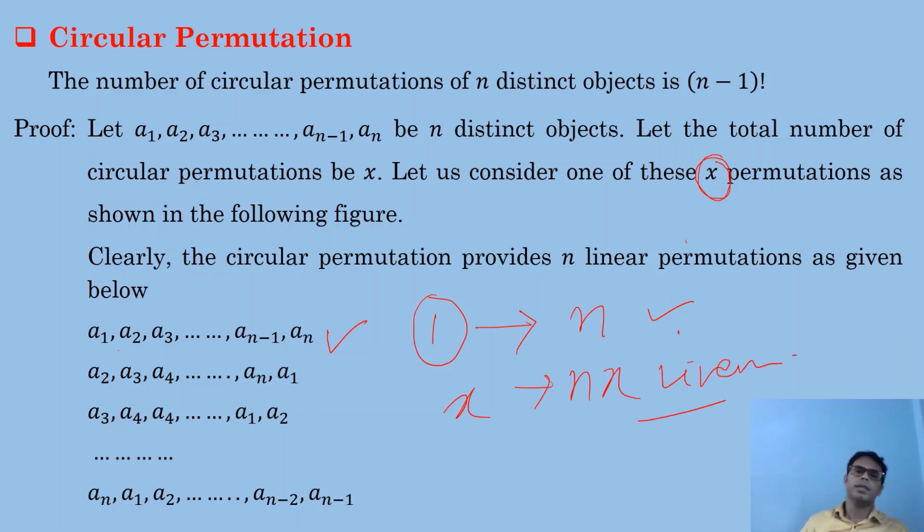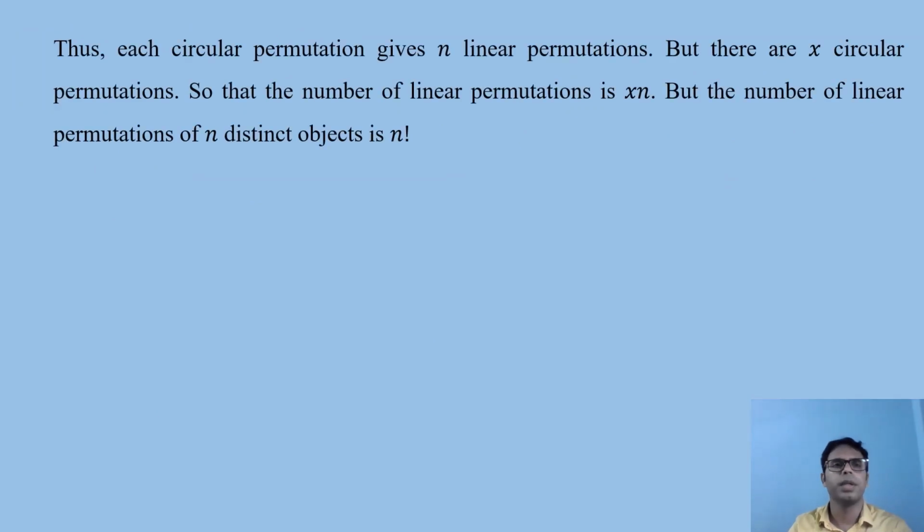Okay, then you see the next slide. Thus each circular permutation gives n linear permutations, but we have x circular permutations, so the total number of linear permutations is x into n, or n into x.